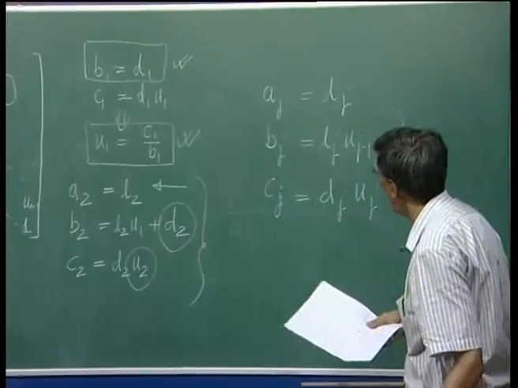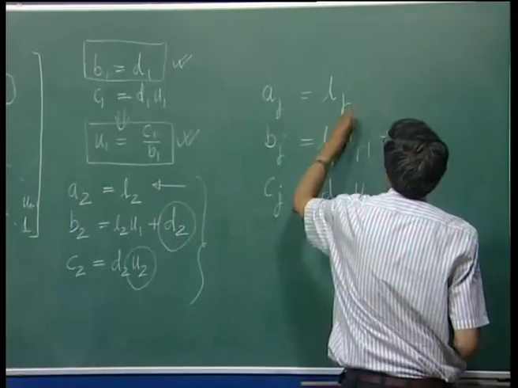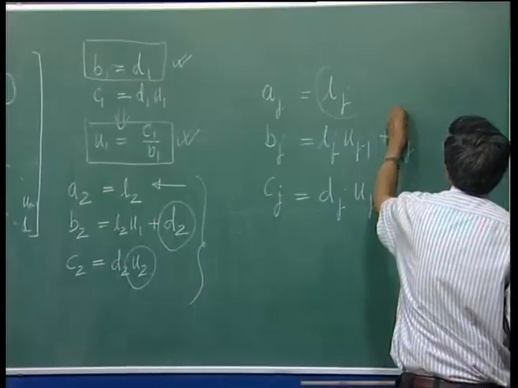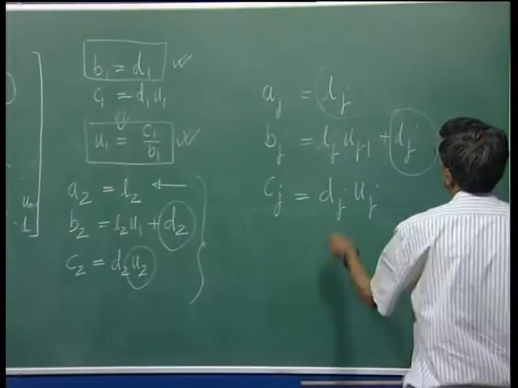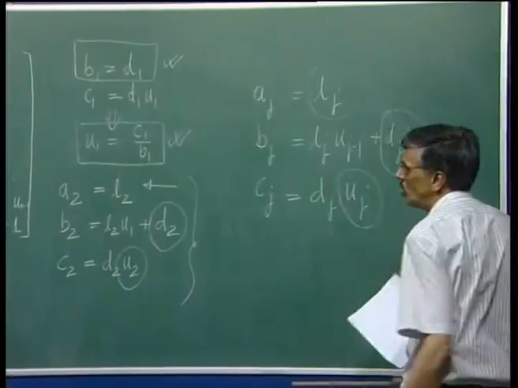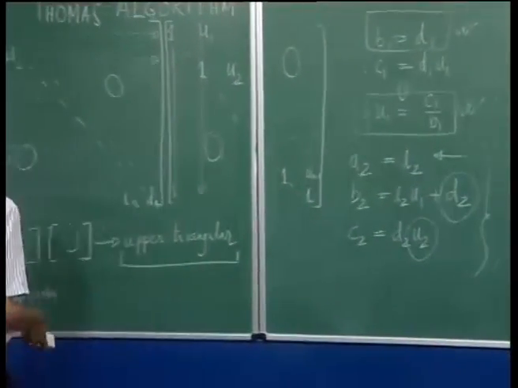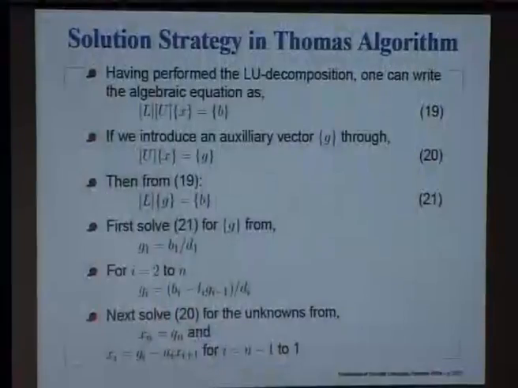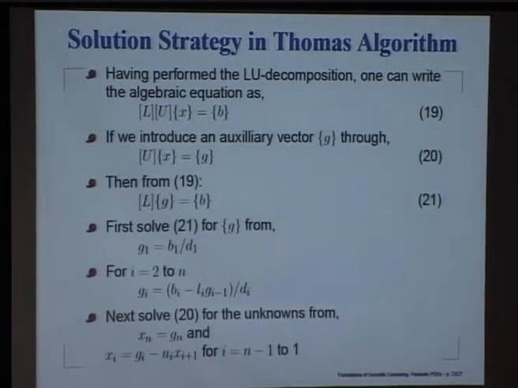So, as before, we would be able to use this equation to obtain Lj, and this equation we will be able to use to obtain Dj, and the third equation would give us Uj. So, that completes the splitting of the A matrix into L and U.